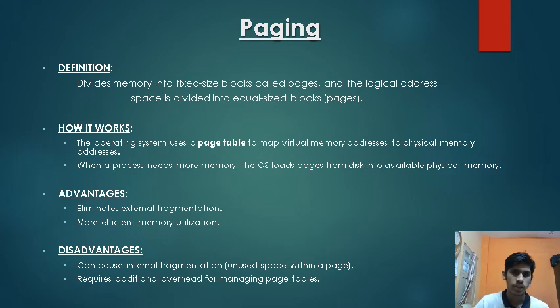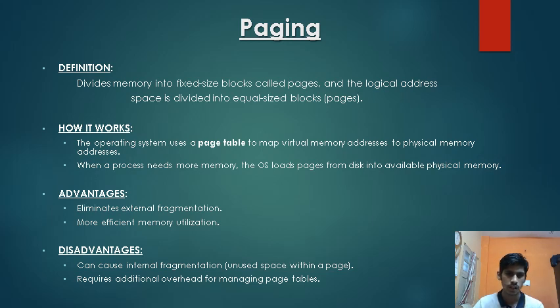Paging. Definition: divides memory into fixed size blocks called pages, and the logical address space is divided into equal sized blocks. How does it work? The operating system uses a page table to map virtual memory addresses to physical memory addresses. When a process needs more memory, the operating system loads pages from disk into available physical memory.